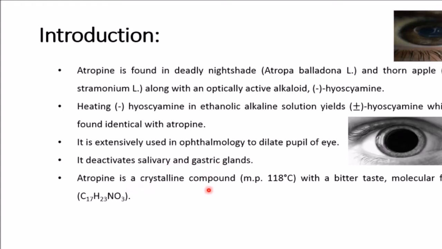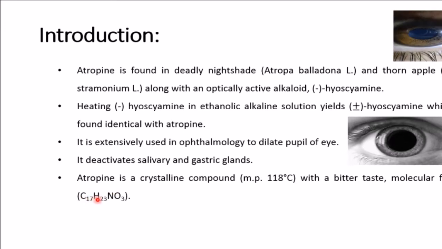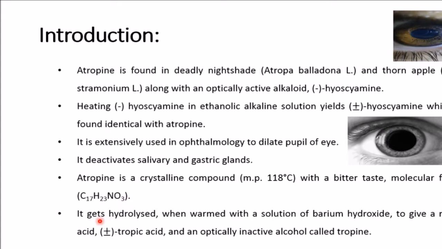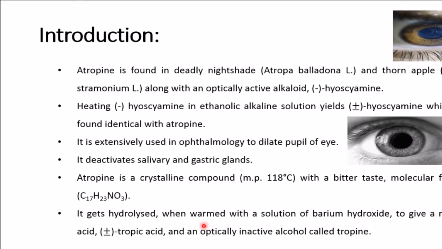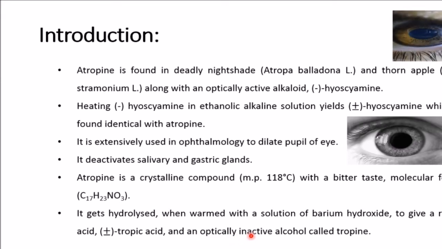It deactivates salivary and gastric glands. Atropine is a crystalline compound having melting point 118 degrees centigrade, with molecular formula C17H23NO3. It gets hydrolyzed when warmed with a solution of barium hydroxide to give a racemic acid, that is dextro and levorotatory tropic acid, and an optically inactive alcohol called tropine.